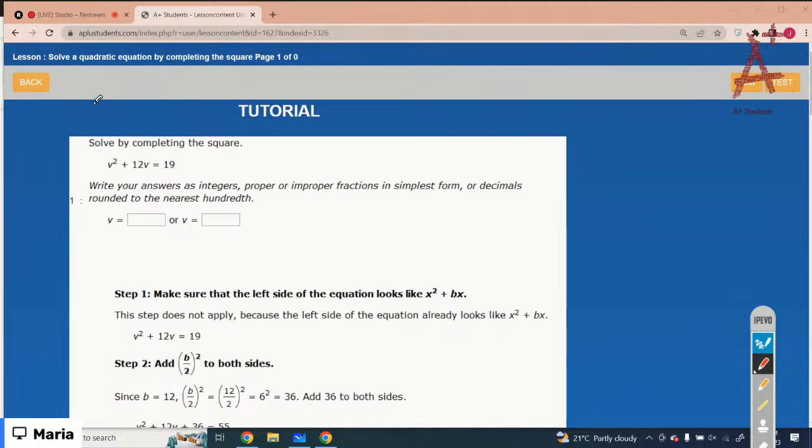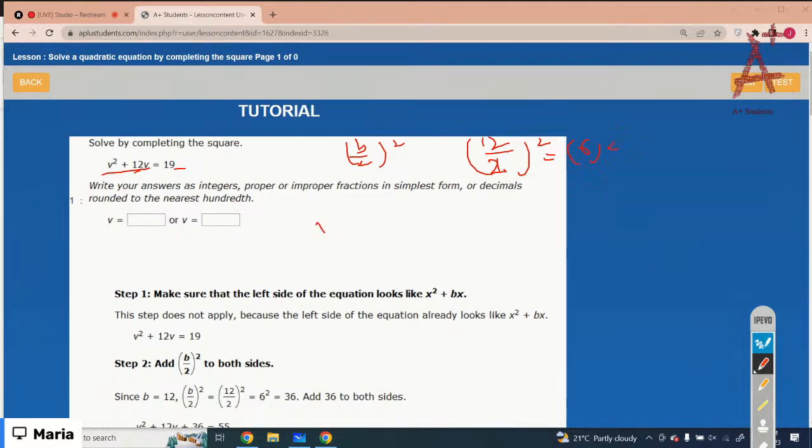We just learned how to complete the square. You have to add b over 2 whole square. B is 12, so it would be 12 over 2 whole square. 2 times 6 is 12. That means you have to add 6 square both sides. Got it?